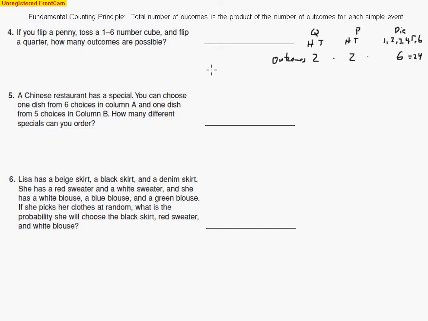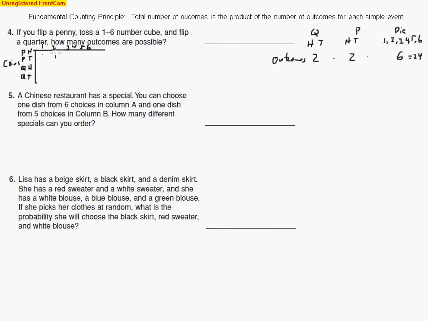And I can show it another way by just drawing a little chart. I draw the chart with the coins here: a penny that's a head, a penny that's a tail, a quarter that's a head, a quarter that's a tail, and then the number of outcomes this way, 1, 2, 3, 4, 5, and 6. You've got 4 outcomes here, 6 outcomes here.